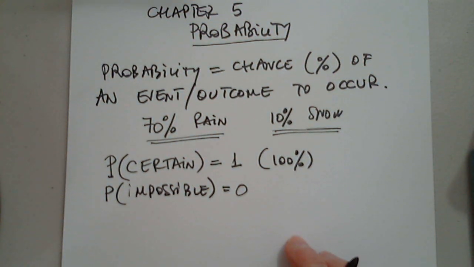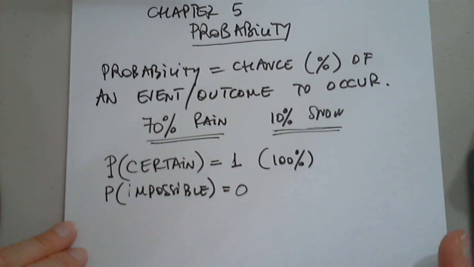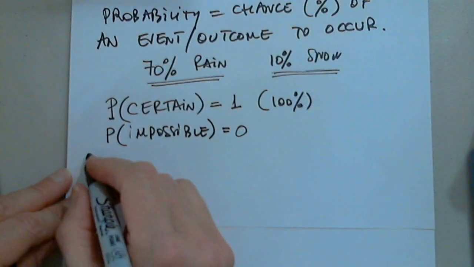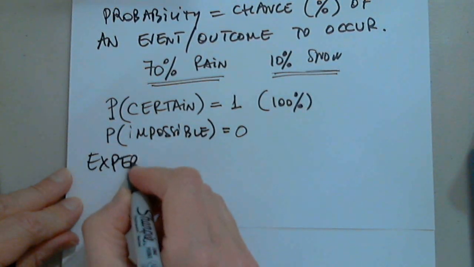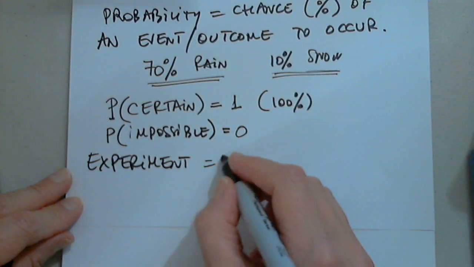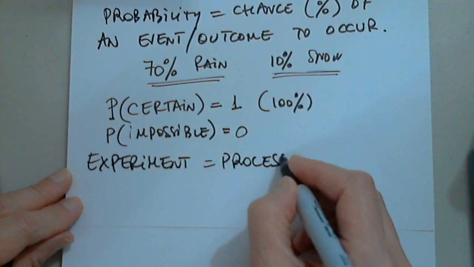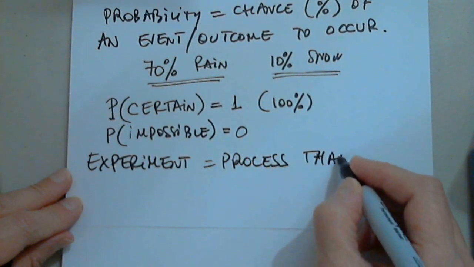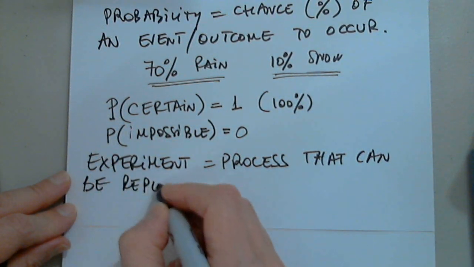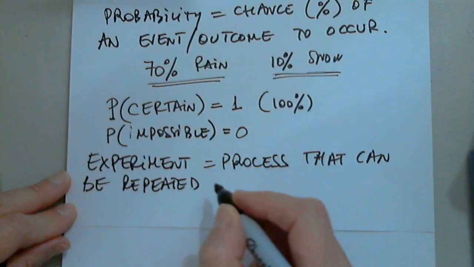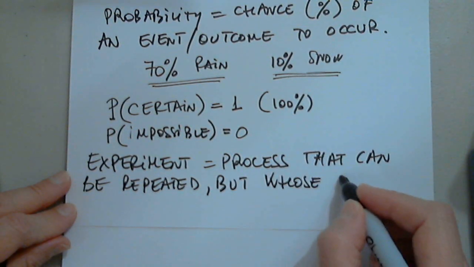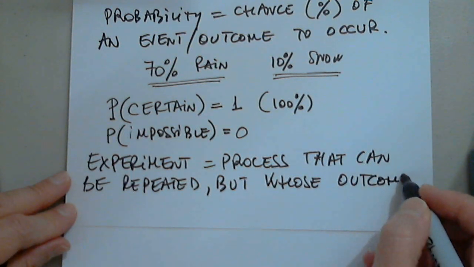Correct. I would like to define a few things and then look at an example. So first, let's define what an experiment is. It's a process that can be repeated, but whose outcome is unknown.